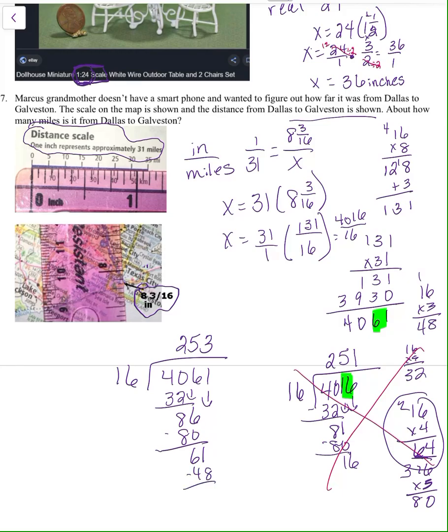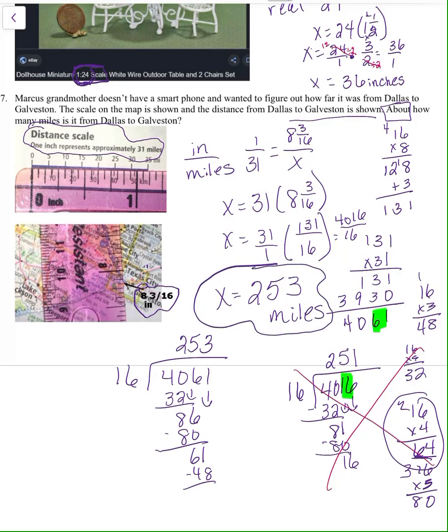And we're just going to stop because it says about how many miles. So this is about 253 miles. It'd be a little bit more than that, but it's about 253 miles from Dallas to Galveston based on the scale on this map.